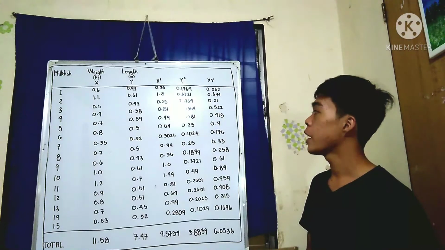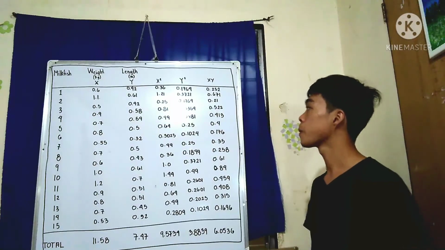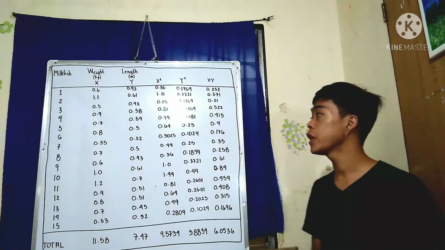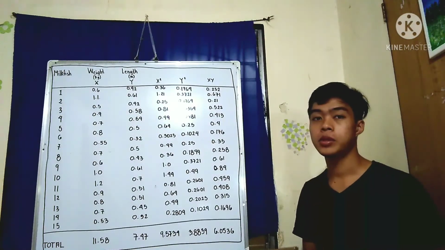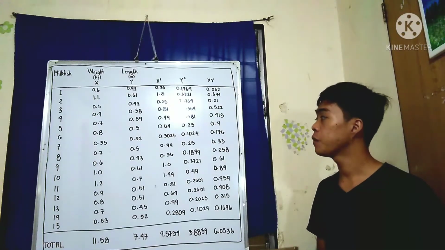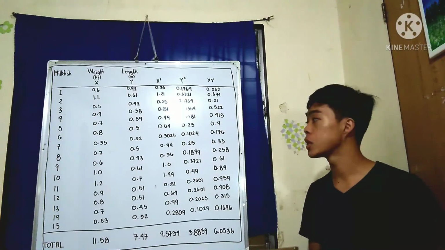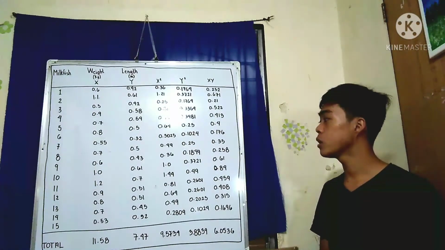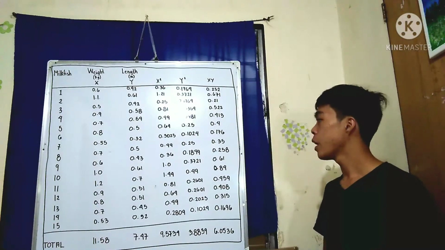And 0.9 times 0.58 is equal to 0.522. 0.7 times 0.59 is equal to 0.413. 0.8 times 0.5 is equal to 0.4. Then 0.55 times 0.32 is equal to 0.176. 0.6 times 0.43 is equal to 0.258. And 1.0 times 0.61 is equal to 0.61.